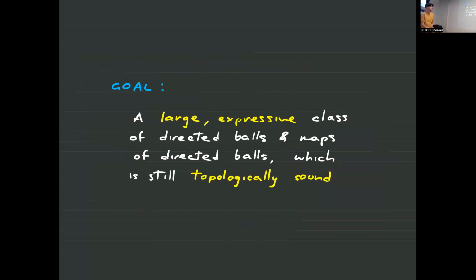So the goal is to have a large and expressive class of directed complexes and maps of them while keeping topological soundness. From the viewpoint of shape categories, it's to have a large shape category with good rewriting properties, but that still has a good geometric realization.